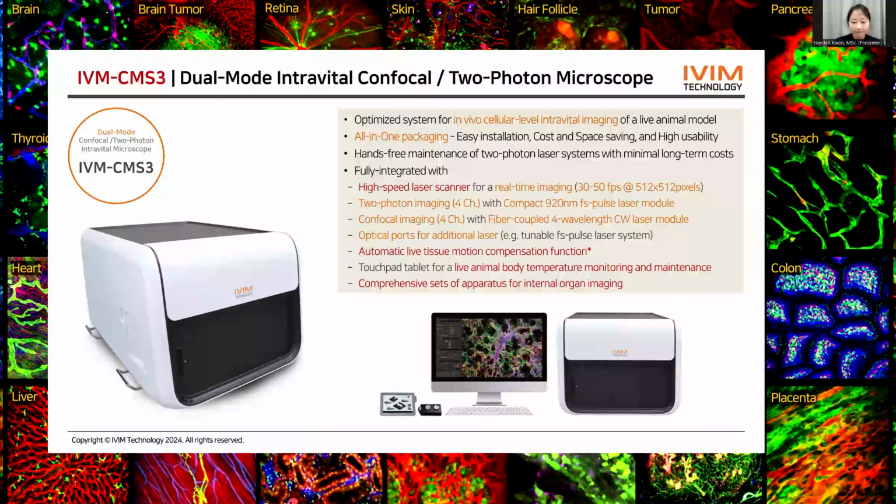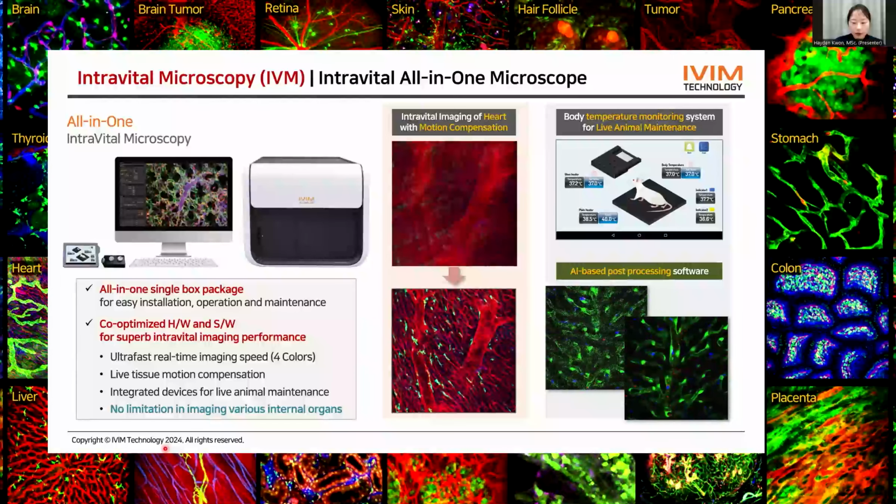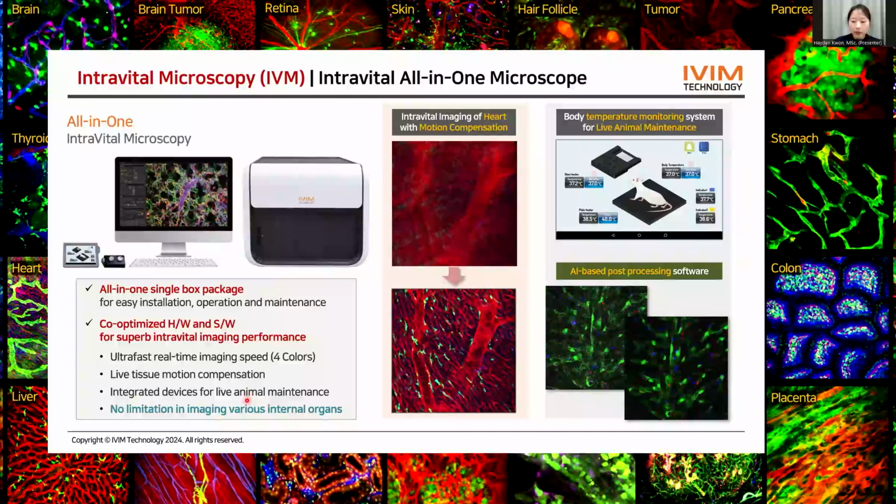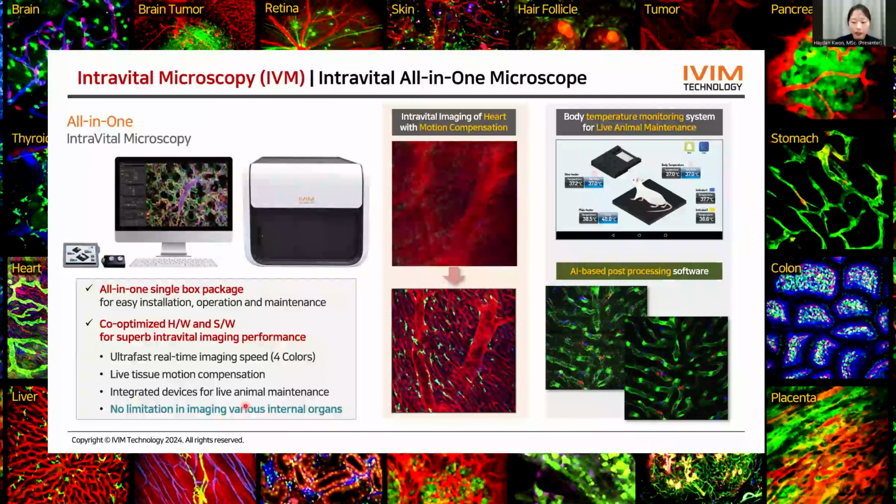And IVIM is leading the intravital imaging field with an all-in-one microscope system with super performance. This single box package enables easy installation, operation, and maintenance. And also it has co-optimized hardware and software, which is integrated ultra-fast polygon scanner, temperature monitoring system, motion compensation, and AI denoising software.